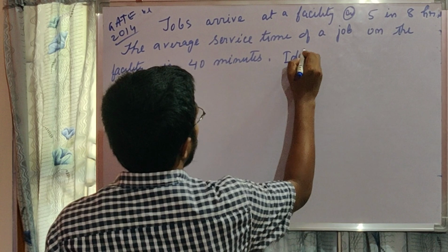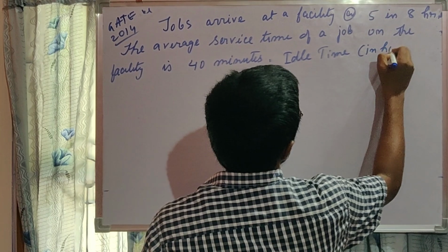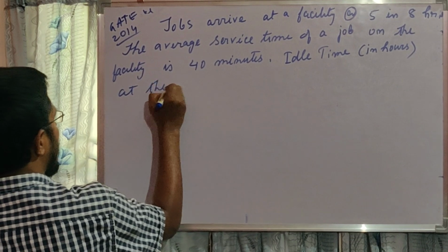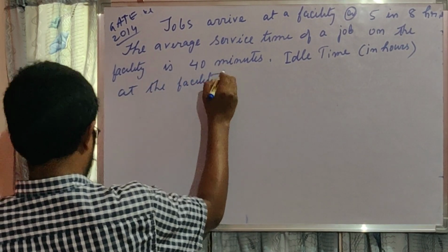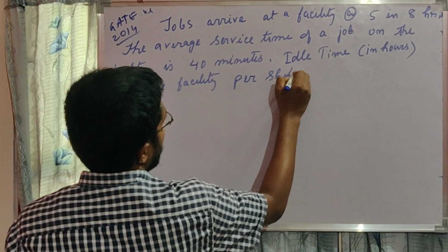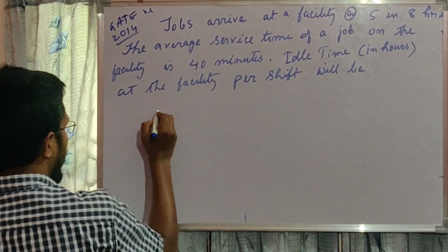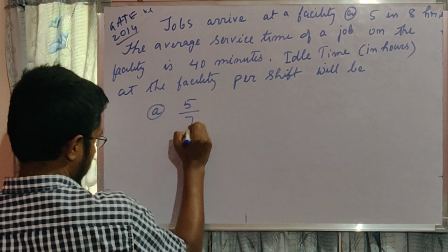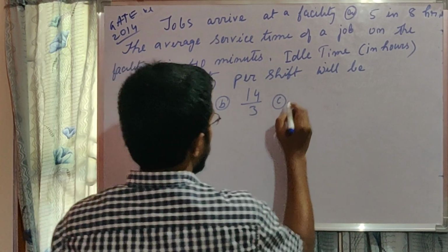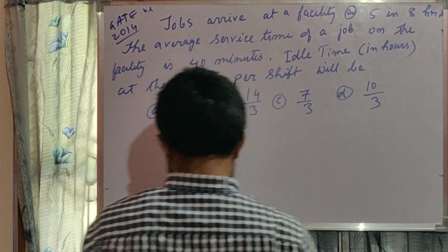Question is, idle time in hours at the facility per shift. Remember, per shift. This is a 2 marks question. Option A is 5 upon 7, B is 14 upon 3, C is 7 upon 3, D is 10 upon 3.